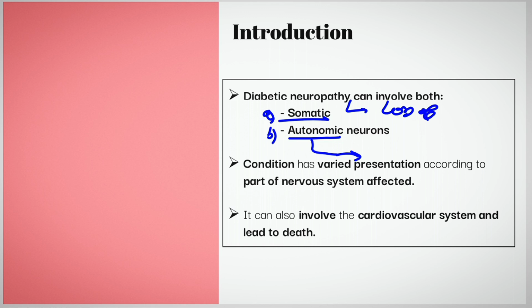Sometimes this neuropathy can also involve the cardiovascular system, and it can cause sudden death.